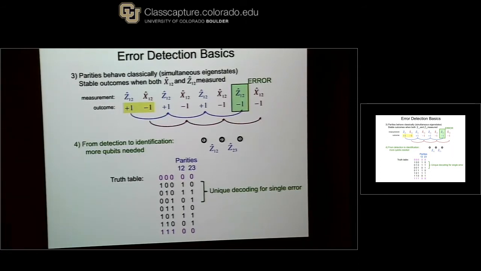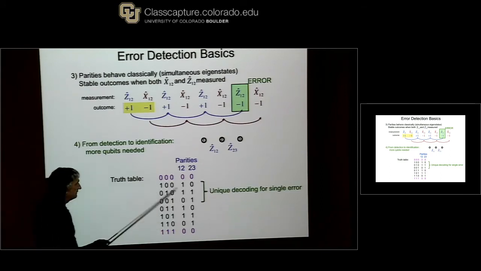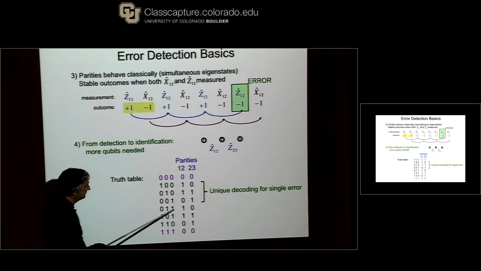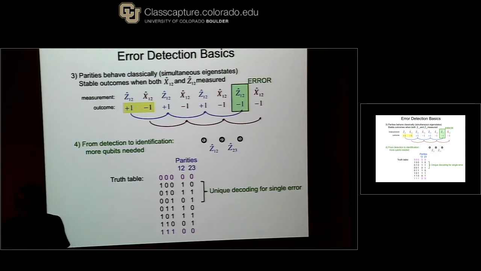Okay? But what happens if between the 2 measurements, 2 of the bits flipped, like here and here? It's going to decode to 1, 0, which is the same as this. And of course, note this is the complement of this. But of course if I see 1, 0, I'm going to decode it as this, because this is 2 qubits flipping, which is much less probable than 1 qubit flipping.